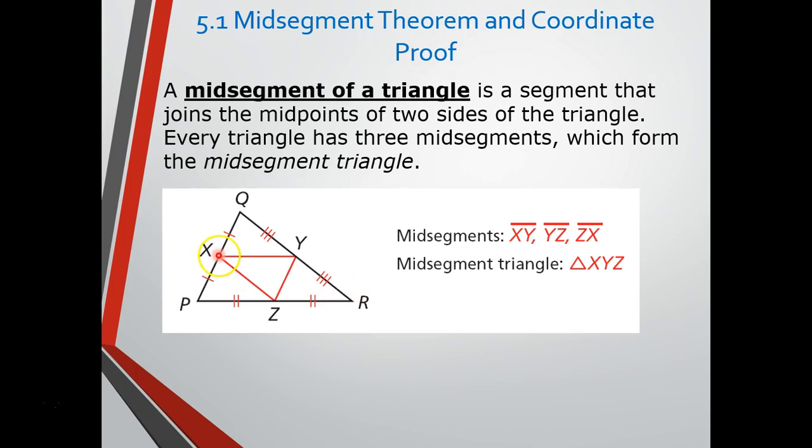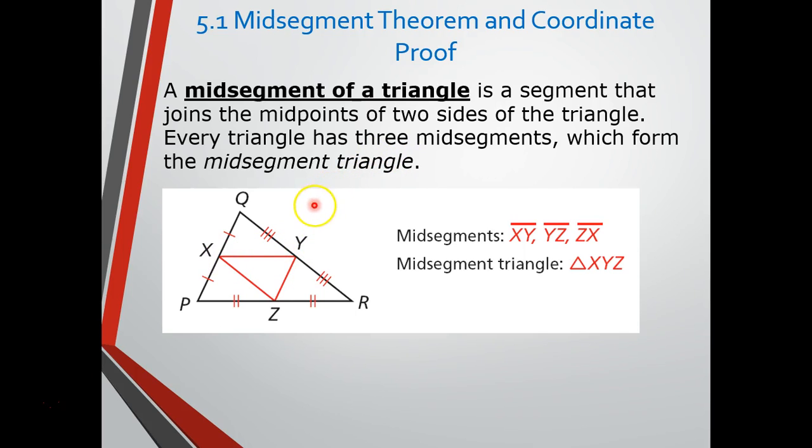Now, if we connect these two midpoints together on both sides of this triangle, what we have is a midsegment. So XY is a midsegment of a triangle. And to finish this off, it says every triangle has three midsegments. That's why you see three segments drawn inside of this triangle.